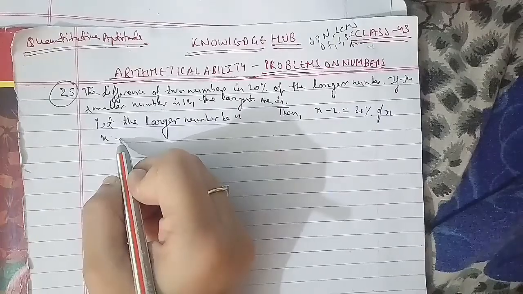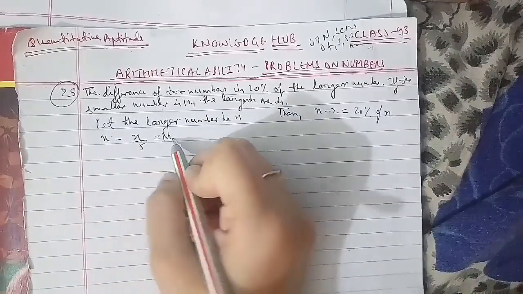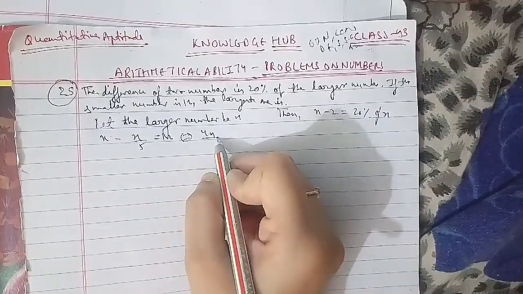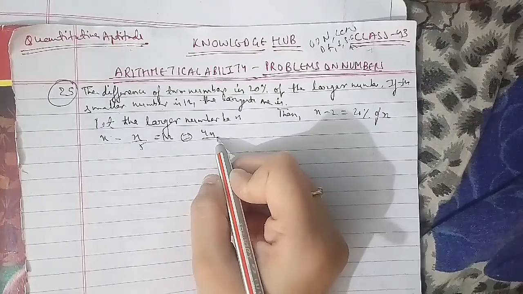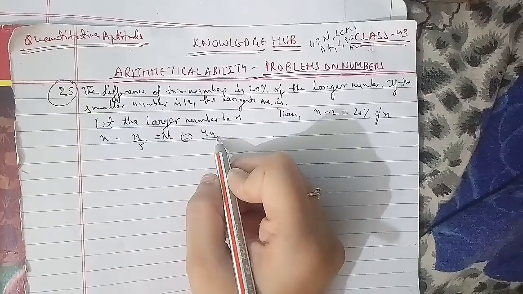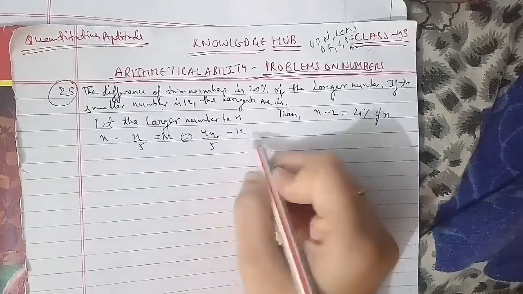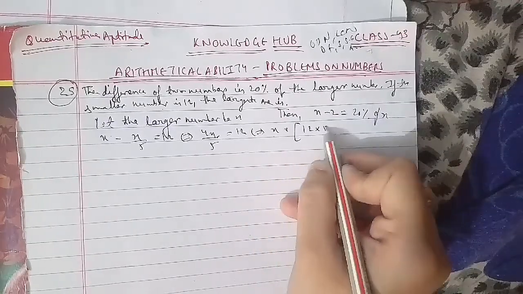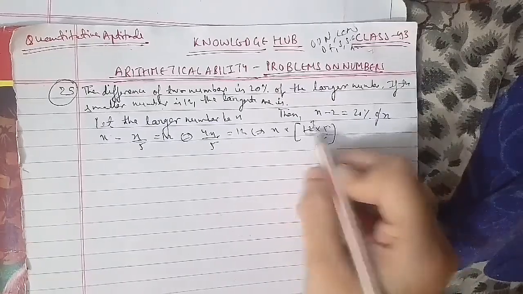Further it is 4x upon 5 equals 12. So x equals 12 into 5 upon 4. 4 ones are 4, 4 threes are 12, 5 threes are 15. So the answer we'll get is 15. That will be the right answer for this question as well.